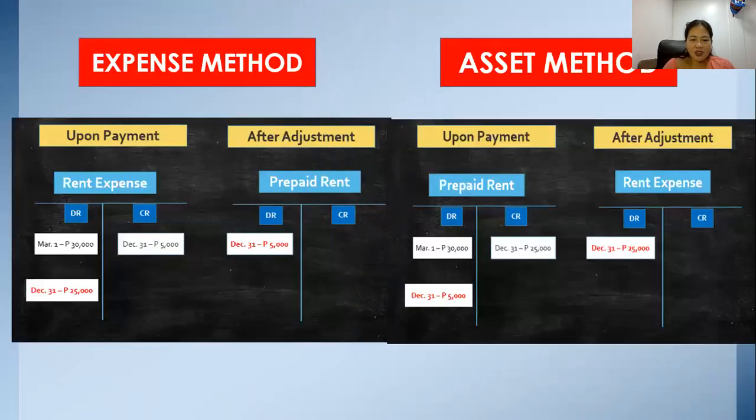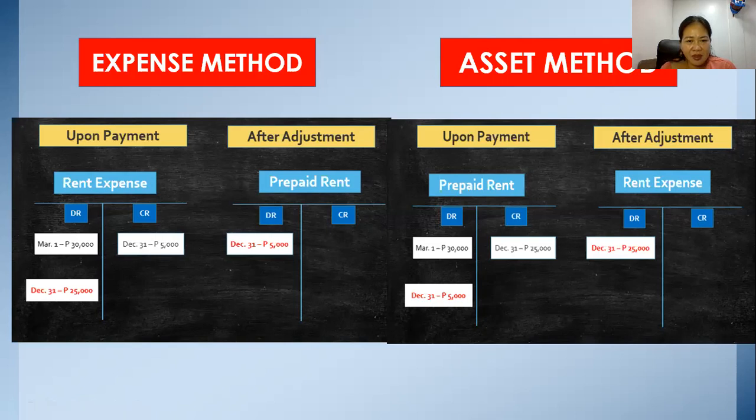Okay, so I want you now to see the comparison between the expense method and the asset method. Upon payment, if you are going to compare, under the expense method, you will be using rent expense, while under the asset method, you will be using prepaid rent.